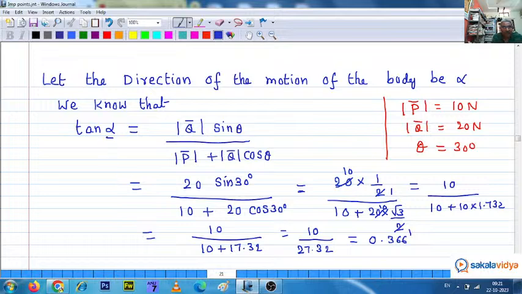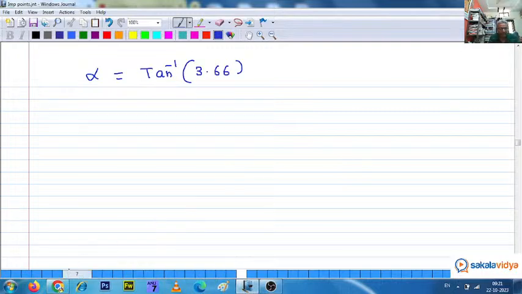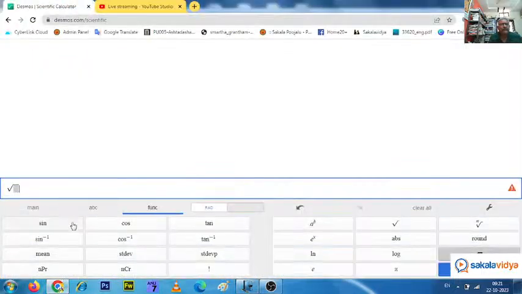But we need alpha, this is very important, we need alpha. So alpha is equal to tan inverse of 0.366. So let us check once again. Tan inverse of, let me write the values.